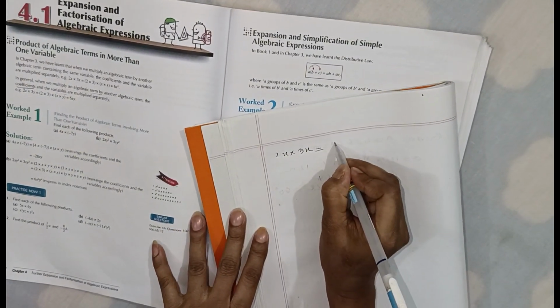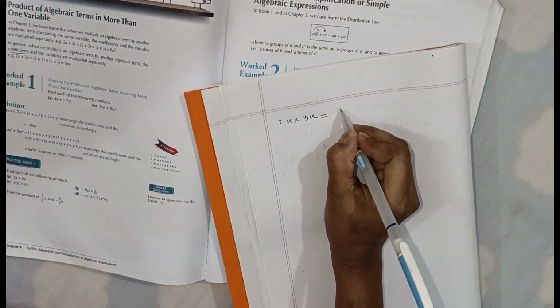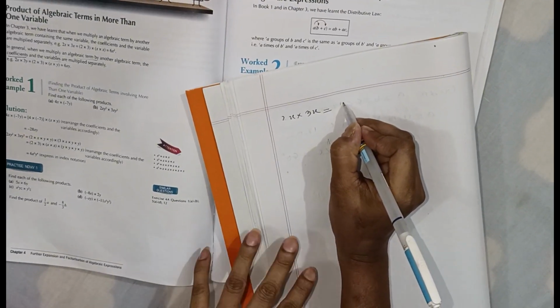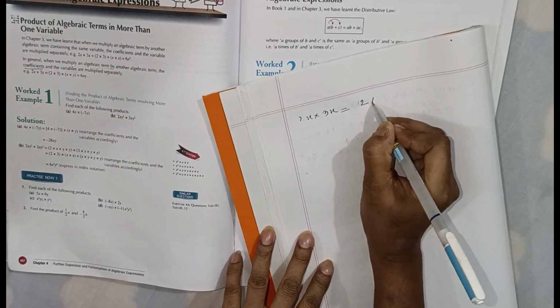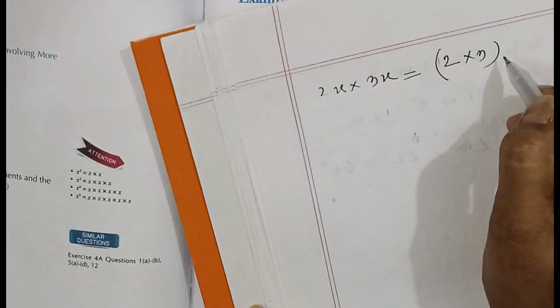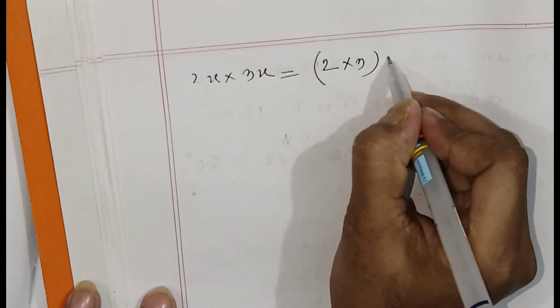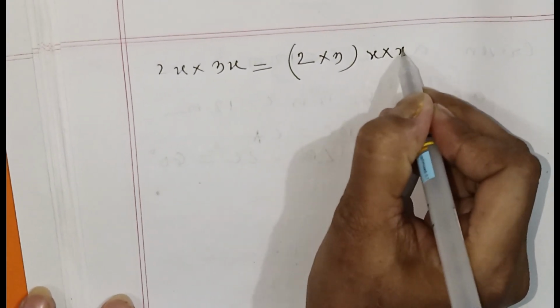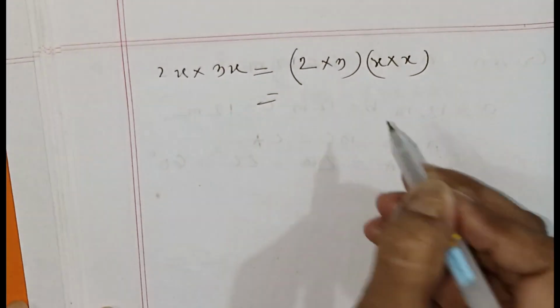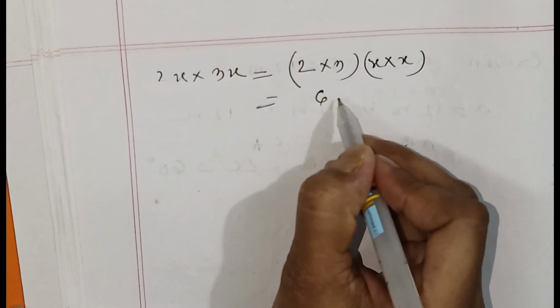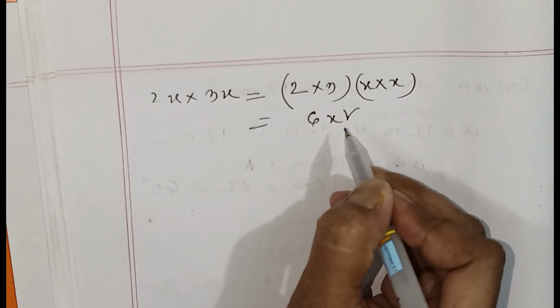At first we multiply the coefficients, 2 into 3, and next the variables are multiplied separately, x into x, so that means 6x square. Okay.